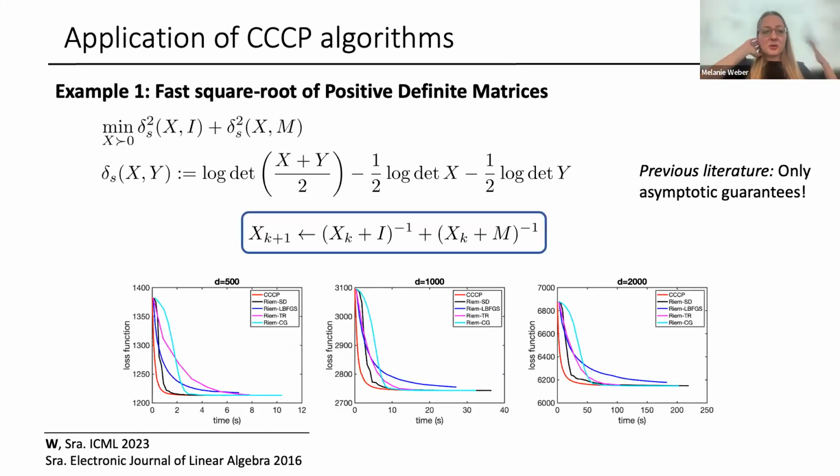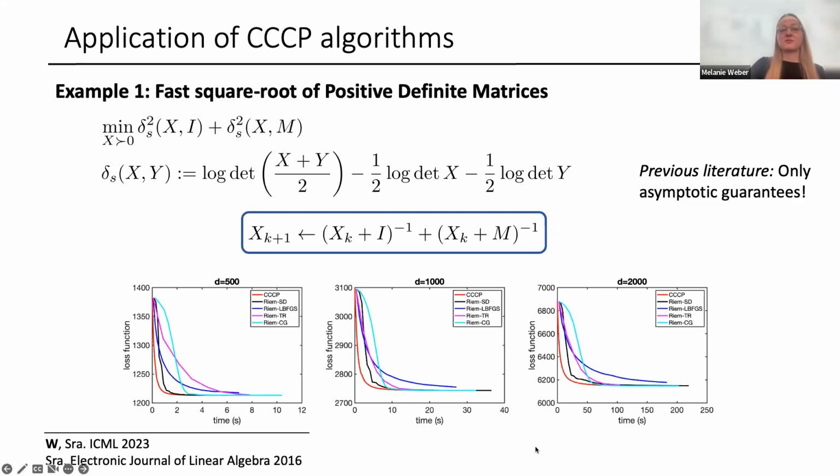Again, the perhaps interesting cases in this context are the types of problems where we can solve the CCCP oracle in closed form. One instance of that is if we want to compute very efficiently the square roots of positive definite matrices.